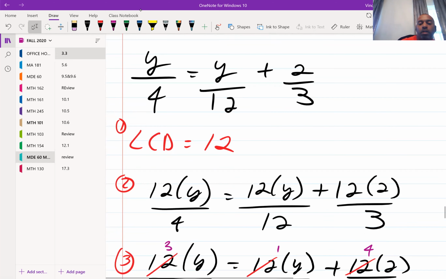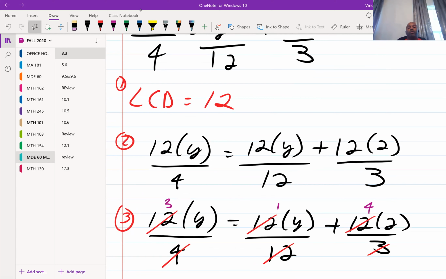All right, then simplify. 4 goes into 12, leaves you with 3. 12 goes into 12, leaves you with 1. 3 goes into 12, leaves you with 4.